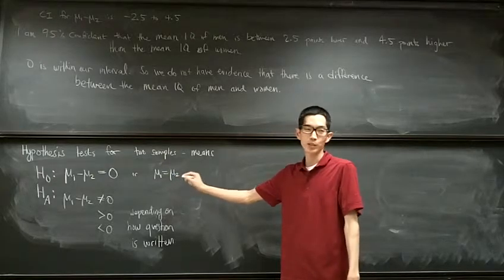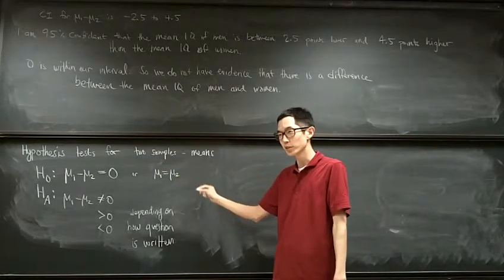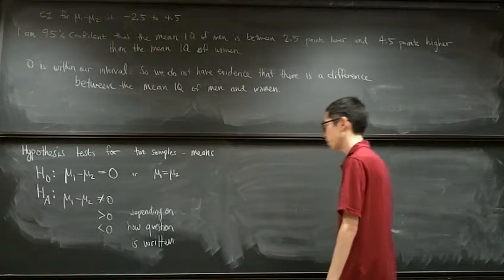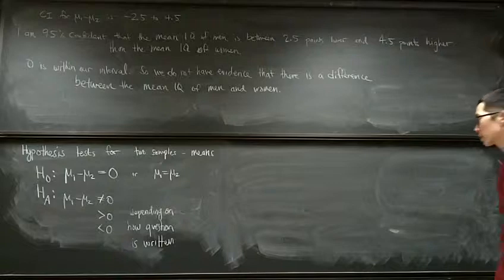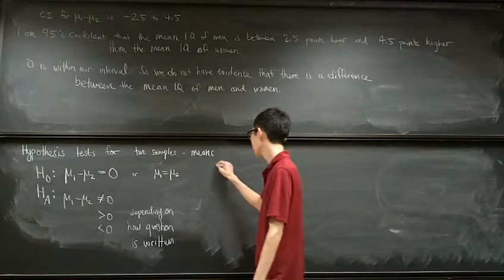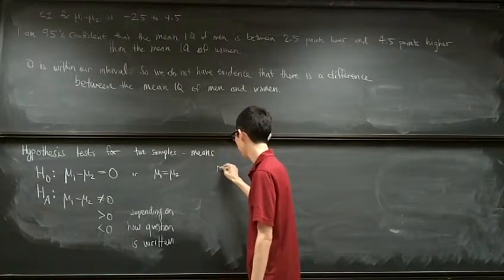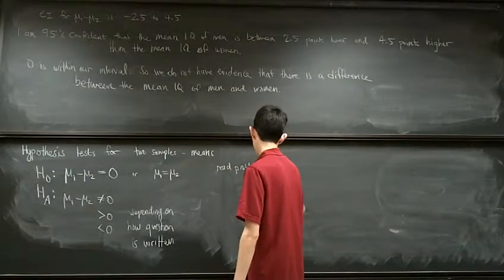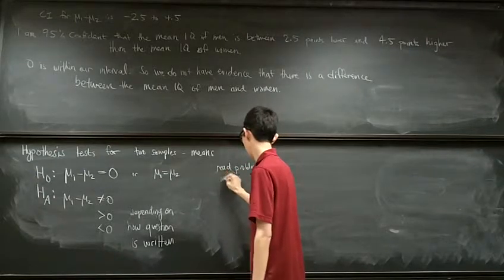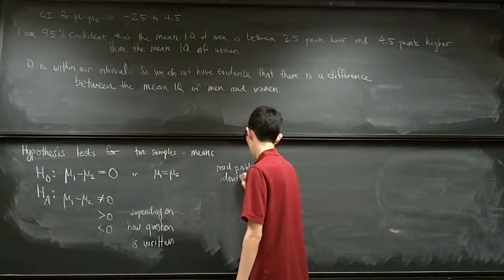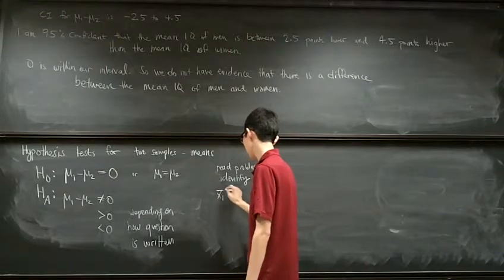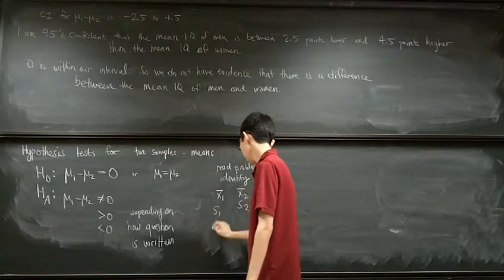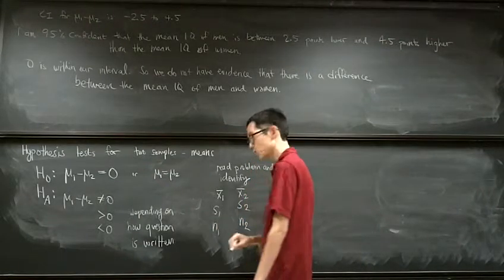The parallel ones exist also: mu1 doesn't equal mu2, or mu1 is greater than mu2, or mu1 is less than mu2. Again, just like before, read the problem and identify x bar 1, x bar 2, s1, s2, n1, n2.